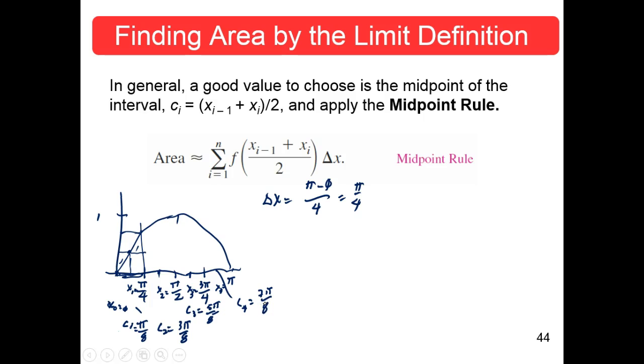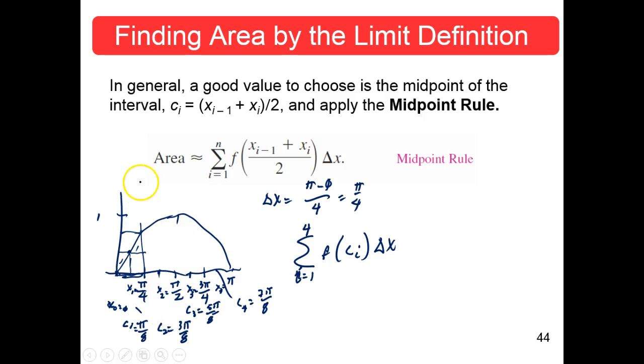All right. So what's your approximation? It's the summation of i equal 1 to 4. That's your n. They said do it with n equal 4. I equal 1 to 4 of your f evaluated at these midpoints. So I'm just going to call that c sub i. And then delta x. So let's do those together.